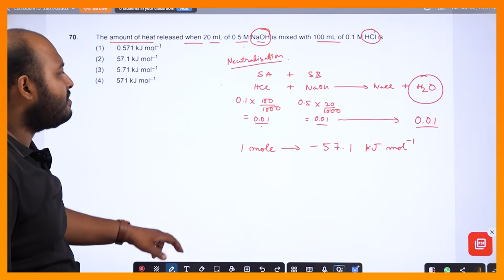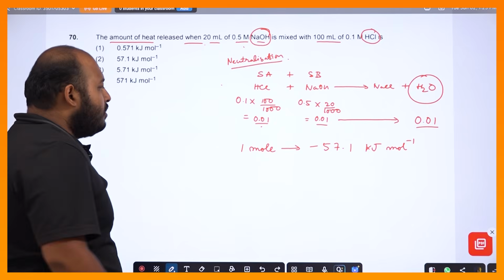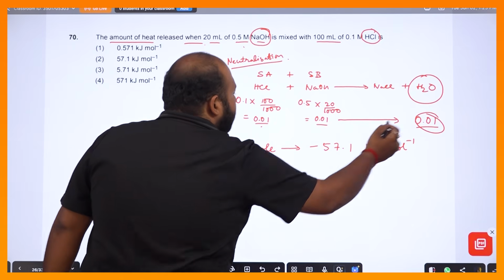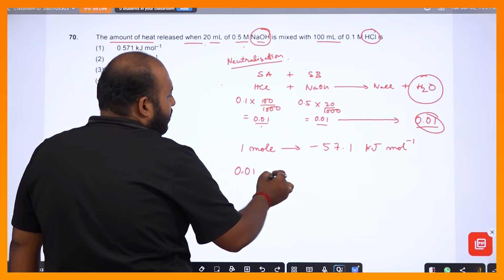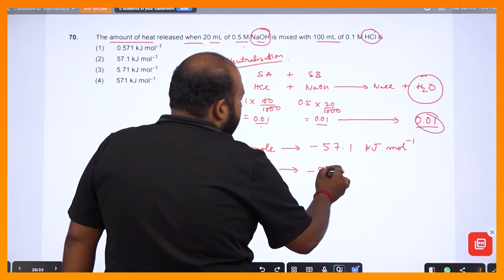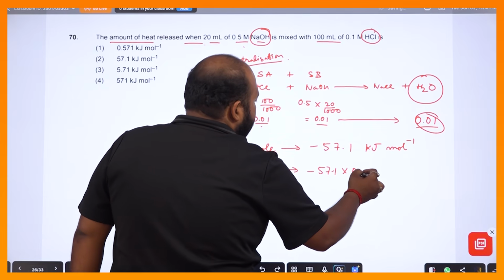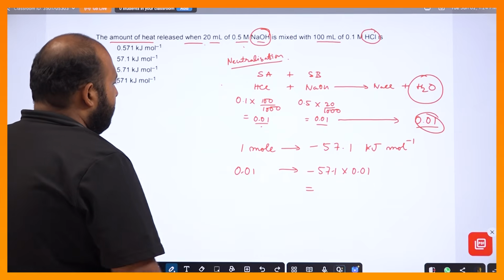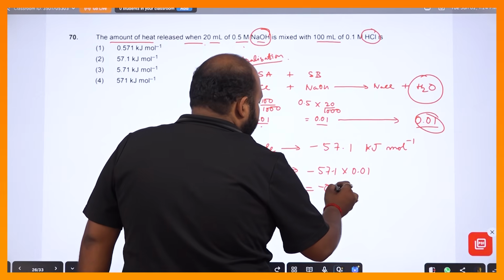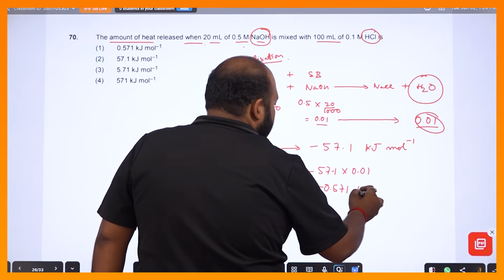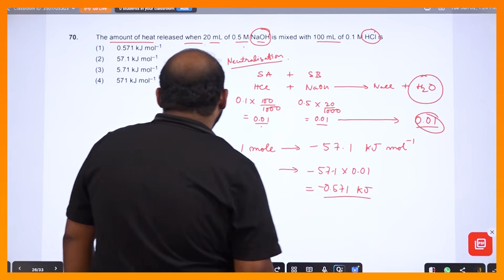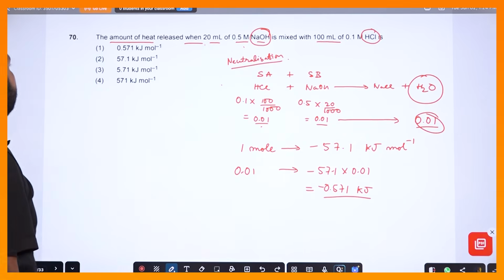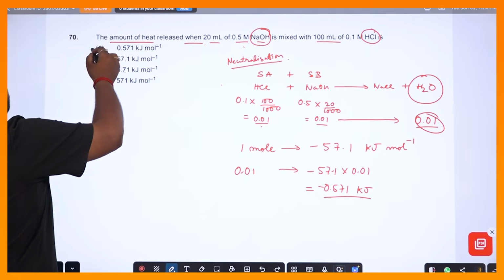So 1 mole gives this much energy. How much has formed here? 0.01. So 57.1 into 0.01 will give me minus 0.571 kilojoule of energy. So it will be option 1.